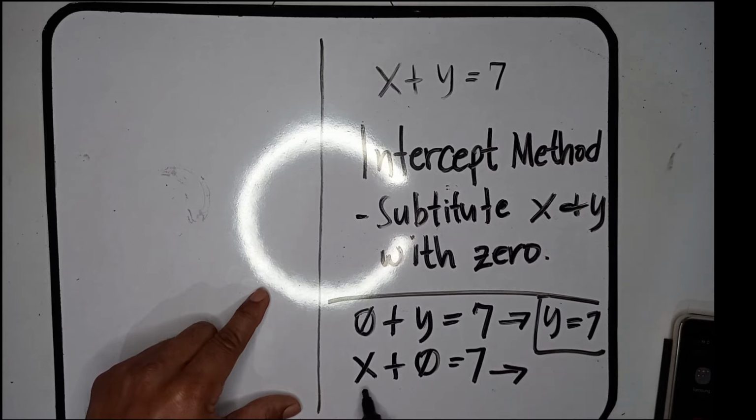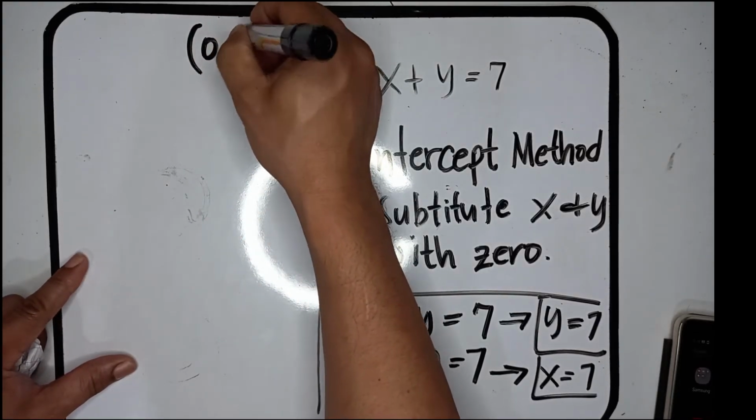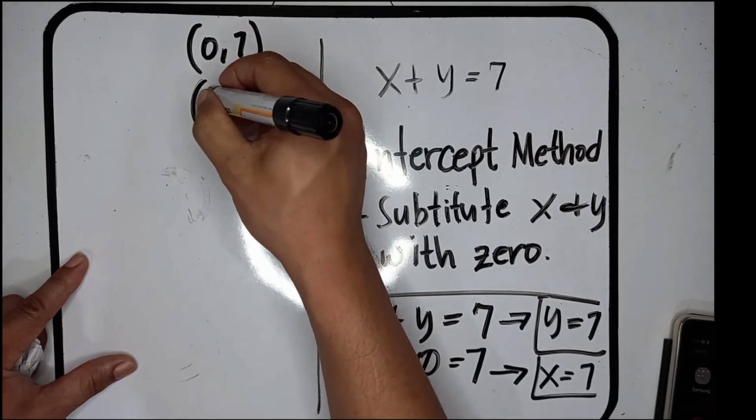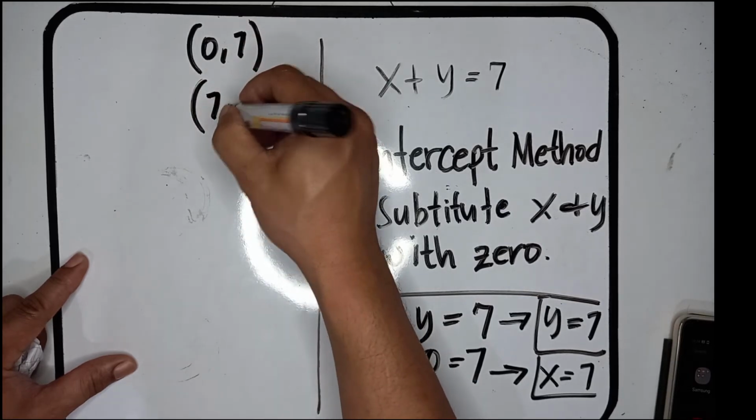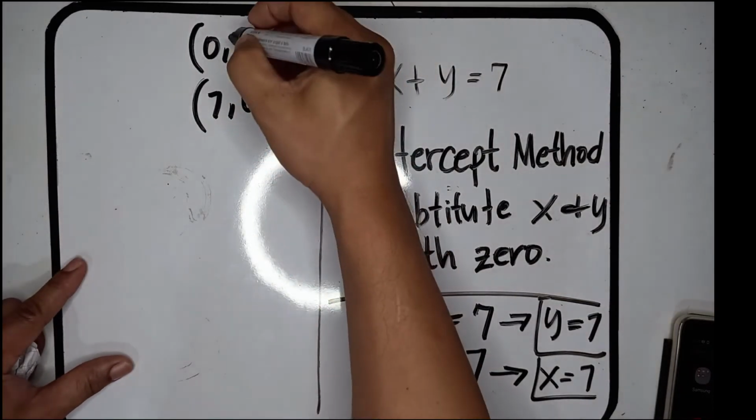Then it is clear to say that x is 7 because 0 has no value. So there you go, we have now 2 points. We can state here, if x is 0, then our y is 7. And if y is 0, then our x is 7. That is now our points.